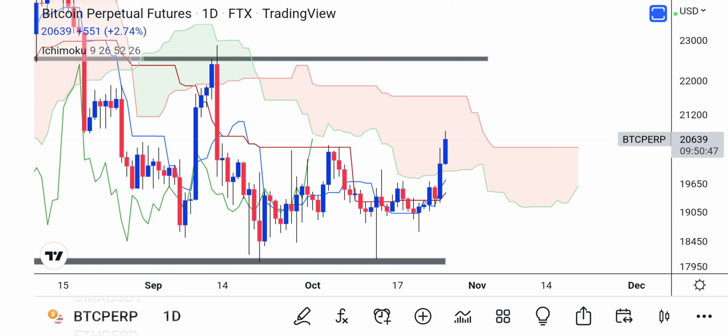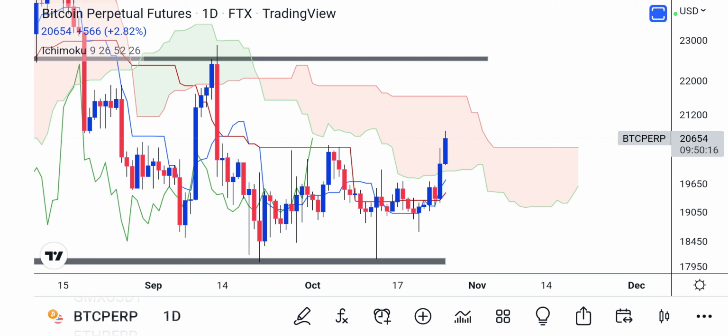Apart from that, we're seeing the future cloud, the Senkou Span A, which is the blue line here, trying to go back up to twist, and we've gotten our bullish TK cross here, but the Chikou Span is still below the cloud but above the price, so we're still slightly bearish. We're looking at facing what is ahead, which is the resistance.